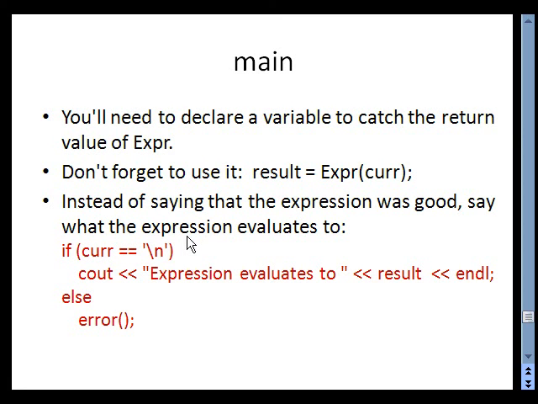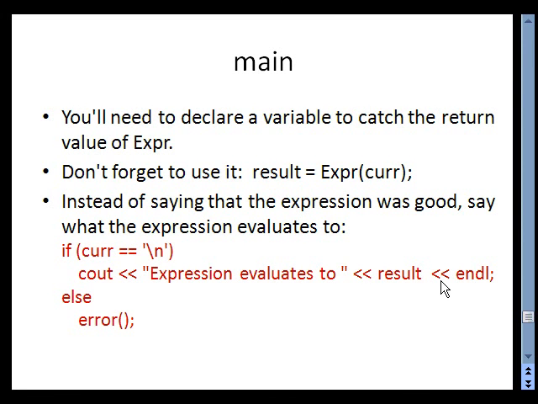And then when you check to be sure that you have a new line character in current, instead of just saying that was a correct expression or whatever it was you said before, print out the value of result. So you'll say something like "expression evaluates to", and leave a little space right there so that your number is not bumped right up against the word "to". And then you put the number, and then you put a new line character.